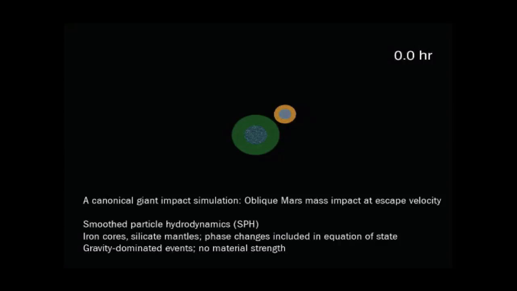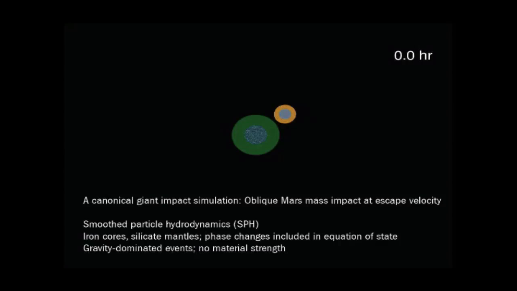These calculations are conducted with a computer code called smooth particle hydrodynamics. In this type of code, each mass element is represented by a particle which has a fixed mass but changes density as it's heated, cooled or compressed. And the relationship between the pressure and density of these particles is determined by something we call an equation of state, which just tells the code whether it's an iron particle or a rocky particle.